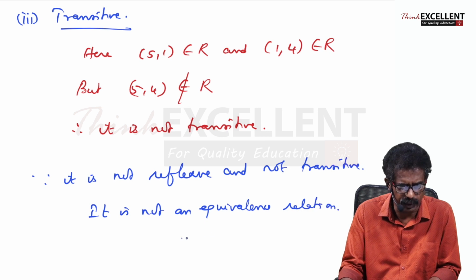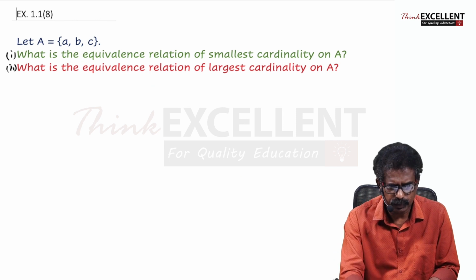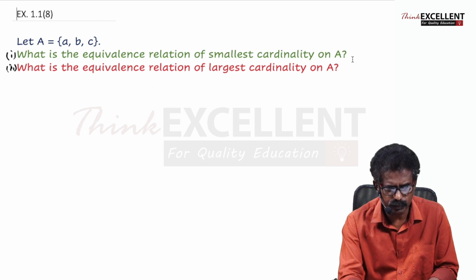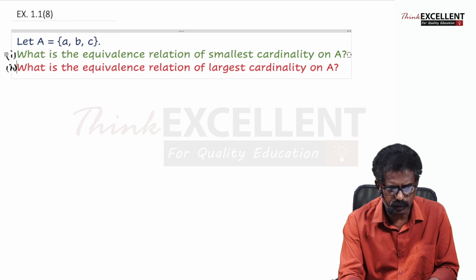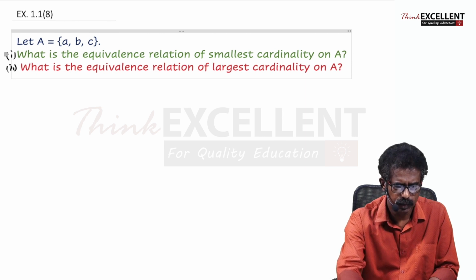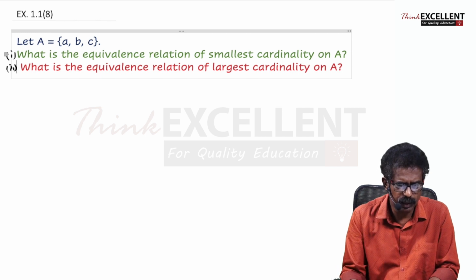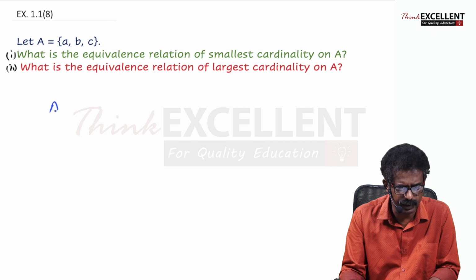Okay, now we go for the next question. Listen to this question. Just to read that. A is a set given, A equal to the set {A, B, C}.